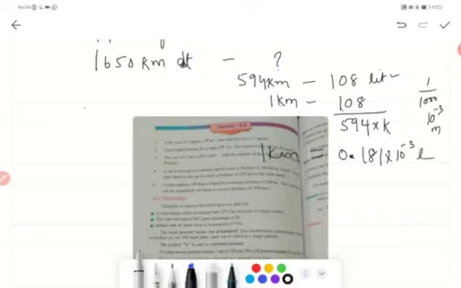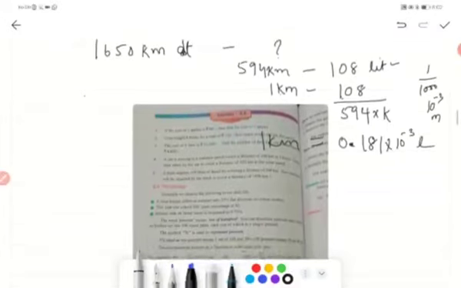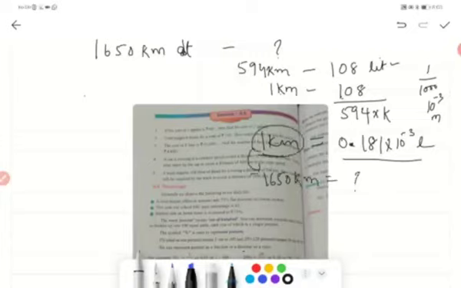Now for 1 kilometer this much diesel is being used. It has been asked for 1650 kilometers, how much will it be? So from 1 kilometer we are finding it for 1650. That is big, right? कम से ज़्यादा, so we will go for multiplication.